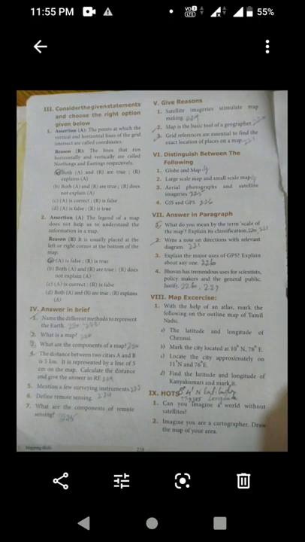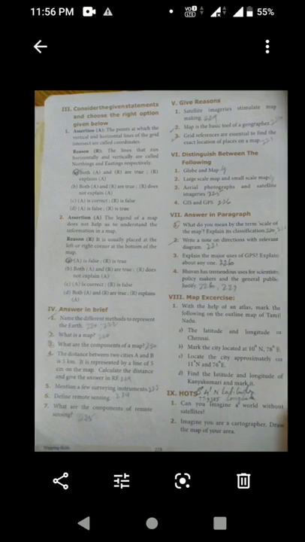Under the heading projection, a map projection is a way of showing the spherical shaped Earth on a flat piece of paper. In the same para, 7th line, map projection is defined as the transformation of spherical network of latitudes and longitudes on a plane surface. Okay, students, that is the first question answer. Second question, third question, already I have marked, isn't it?